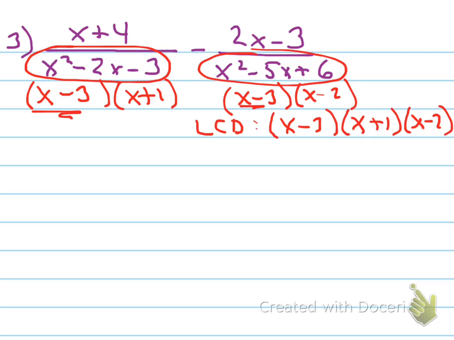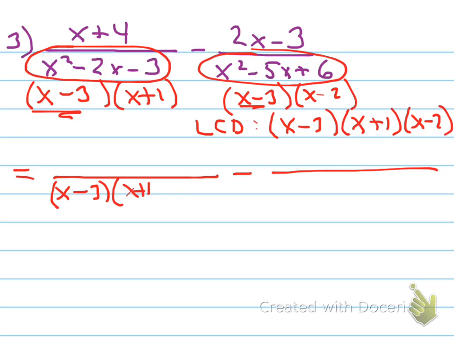So I only need to have it to the first power. So I am going to have my least common denominator, which is going to be real messy here, as x minus 3, x plus 1, x minus 2. It does get to be a little bit of a pain to write. Barely fits on my screen.